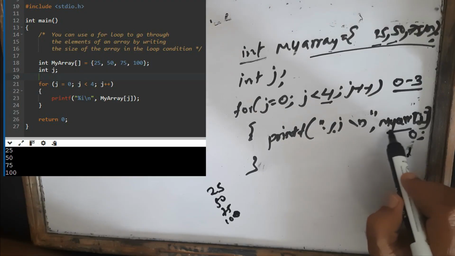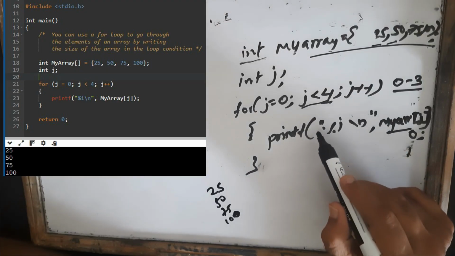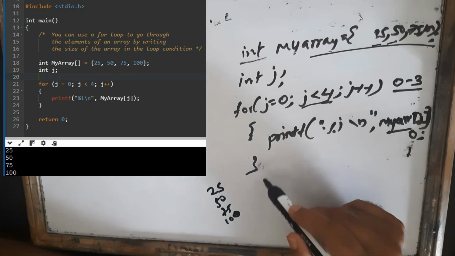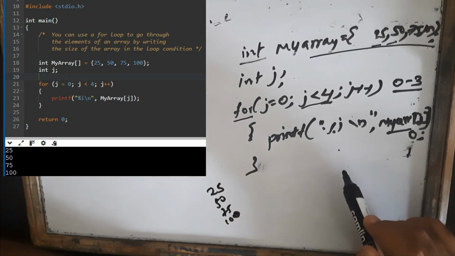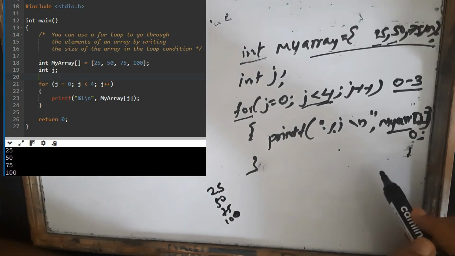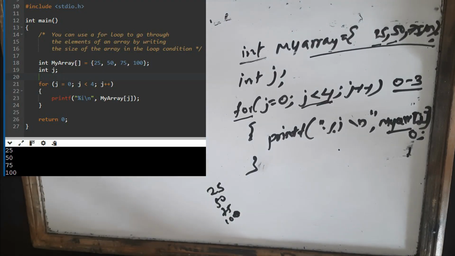Once the 4 is completed, the condition fails. When j is equal to 4, it comes out of the loop. So we can use a for loop to print all the elements in my_array using the length. This is one of the ideal ways to print an array, to access all the elements in the array.